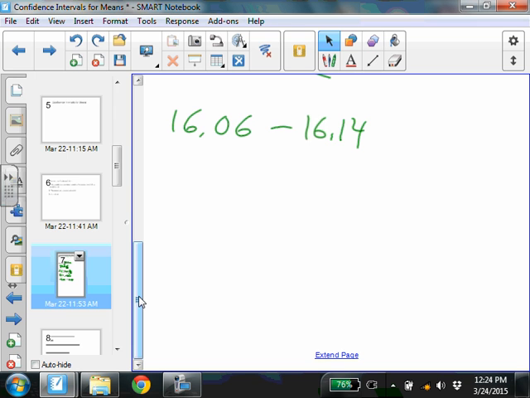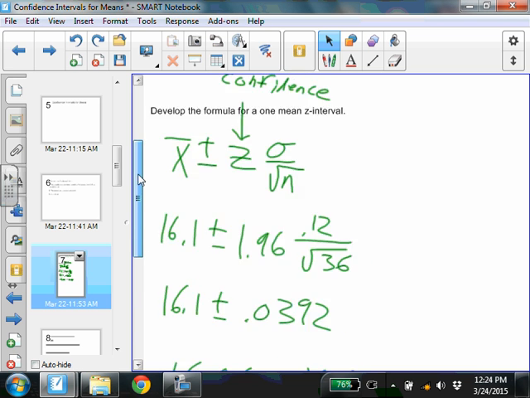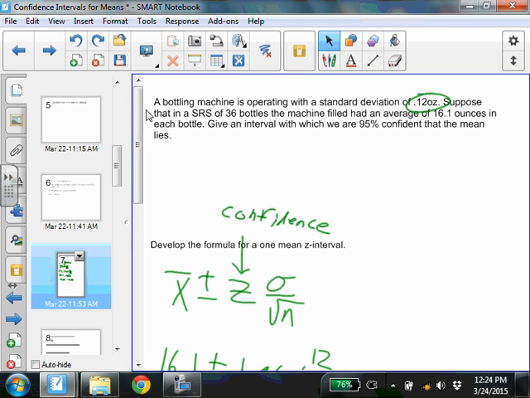Okay, so what can we say about this? Can somebody interpret it? Okay, good. We're 95% confident, because we used the 95% confidence interval, that the true population mean, what are we talking about though?